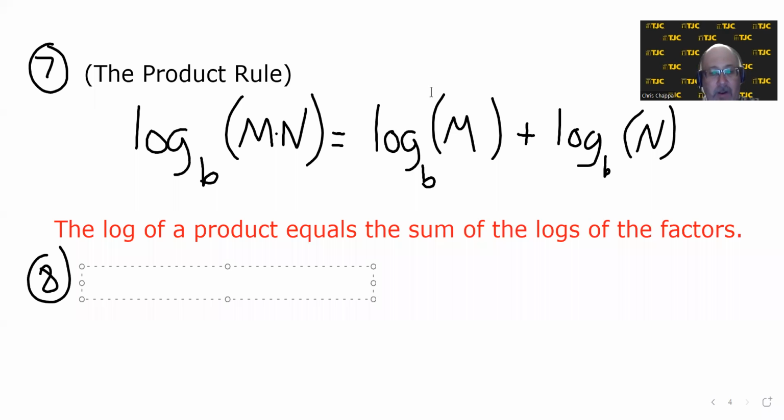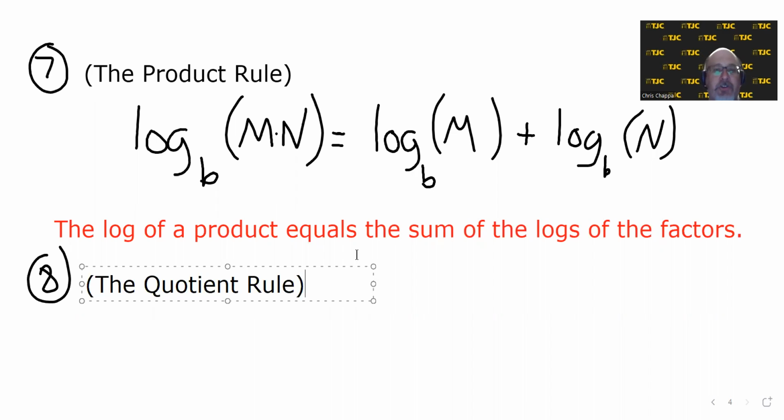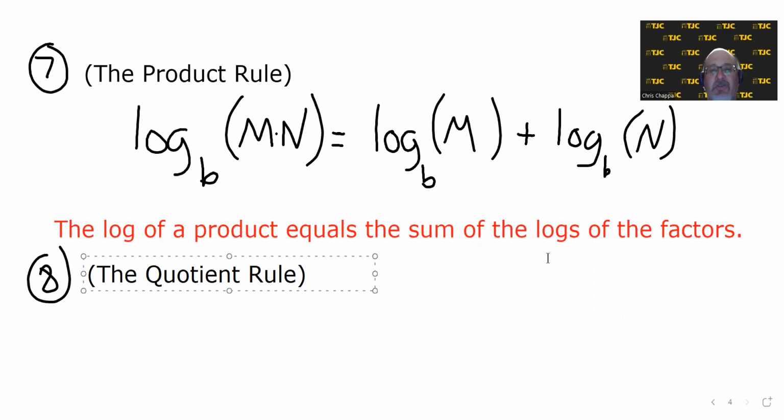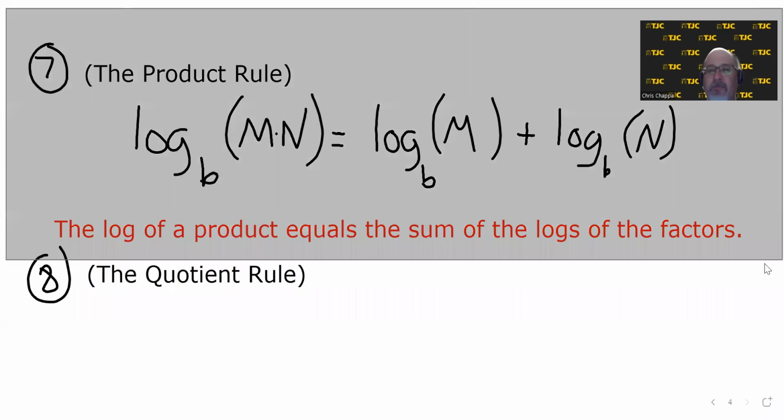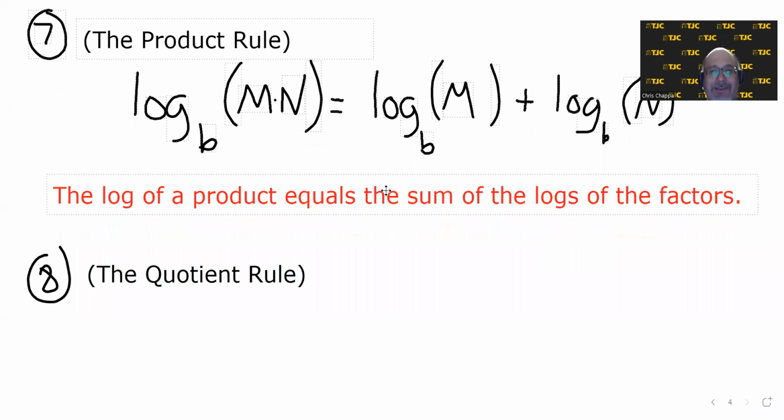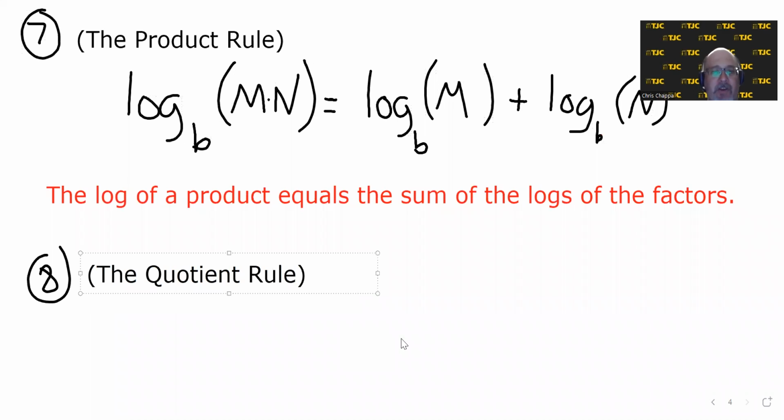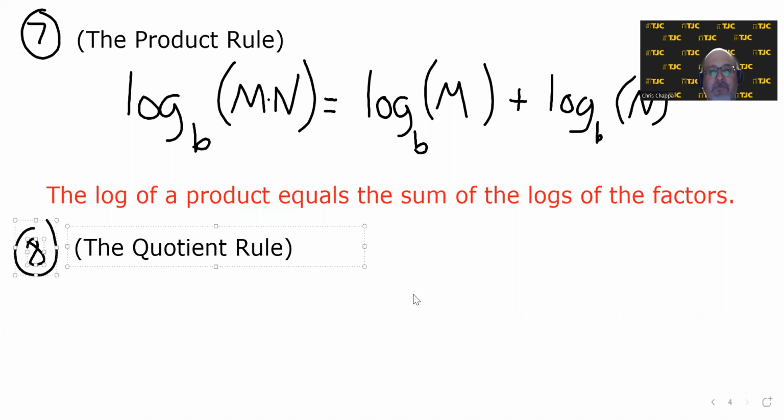And you could probably figure out what it is if you remember that a quotient is the answer to a division problem. Give me 1 second to move the product rule up some. I think I grabbed it all. I did. So that I can move the quotient rule up and have some room for it. And maybe we should draw a line separating the two. Yeah, there we go.